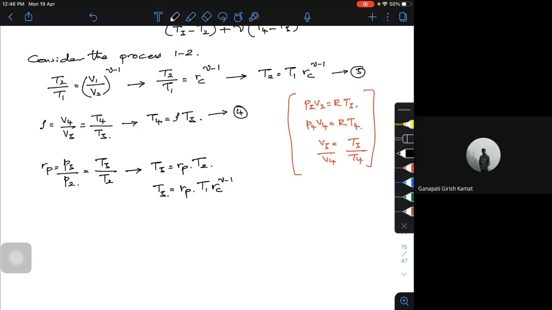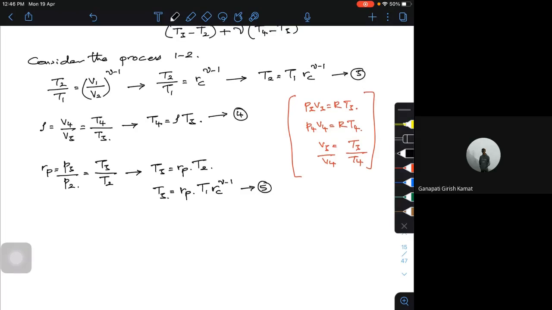I will call this equation number 5. So T3 is equal to Rp into T1 into Rc to the power of gamma minus 1. If I substitute in equation 4, T4 will be rho into Rp into T1 Rc to the power of gamma minus 1. So I got the temperatures T2, T3, and T4 in terms of T1 and Rc.